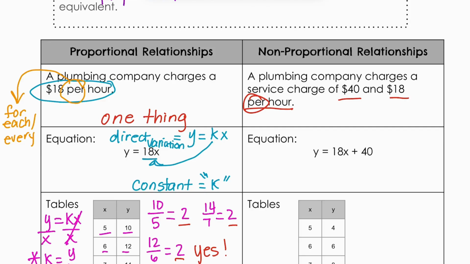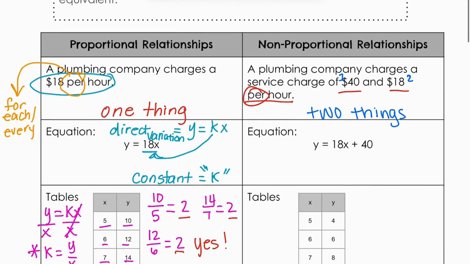We have a service charge of $40. That's one thing. And an $18 per hour charge. That's two things. In proportionality, we are only talking about one thing. So in this word problem, they are talking about two things. This does not show proportionality.